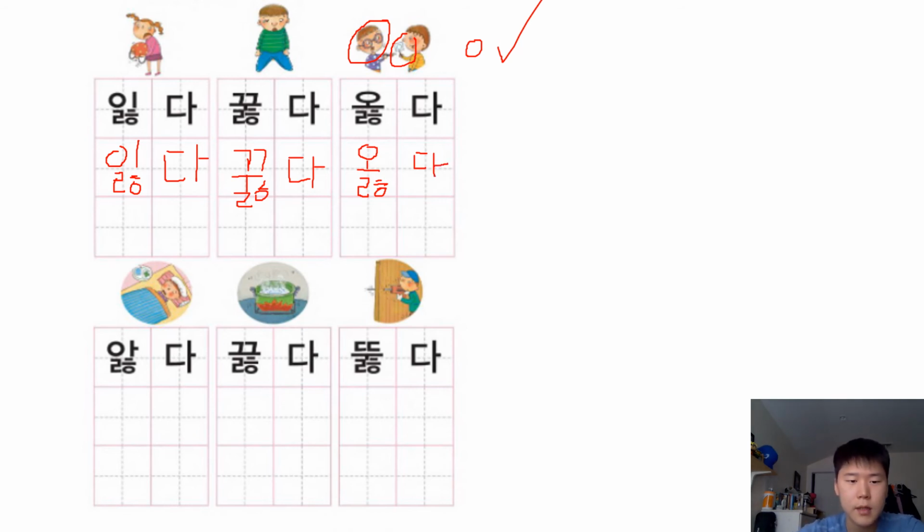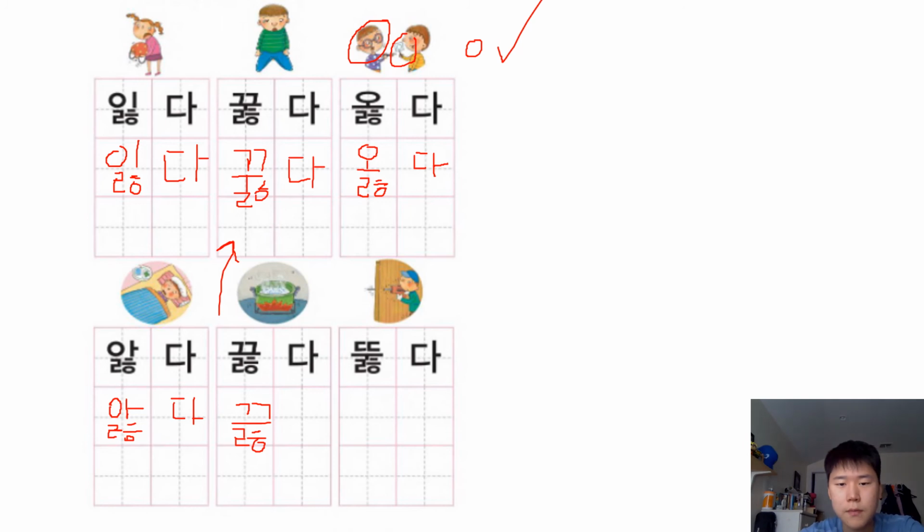And then there's 앓다, which means feeling sick or is sick. And then there's 끓다. This one sort of looks like the one from before up here, but it's different because this one has a different vowel.